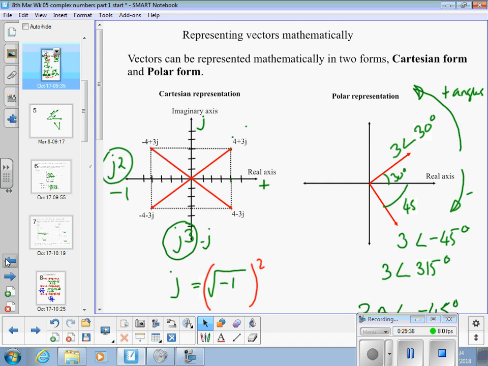That's a key part to both multiplication and division of Cartesian numbers.